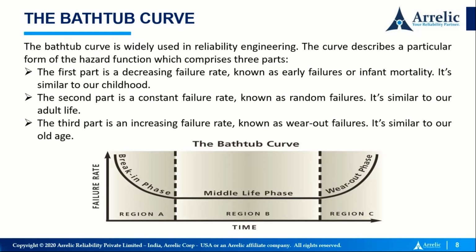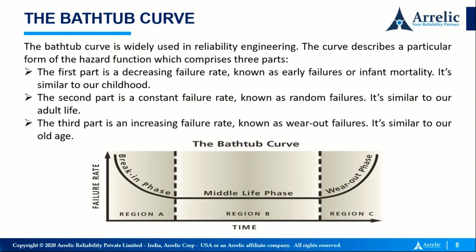This is generally a constant failure rate, known as random failures. It's again similar to our adult life. This region B is what is considered the useful life of the asset.